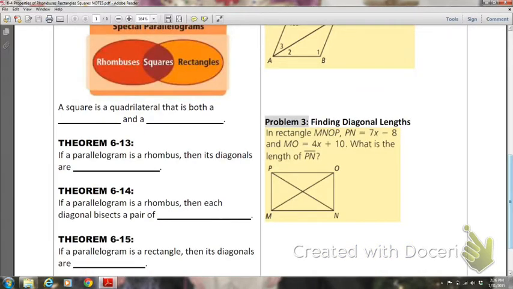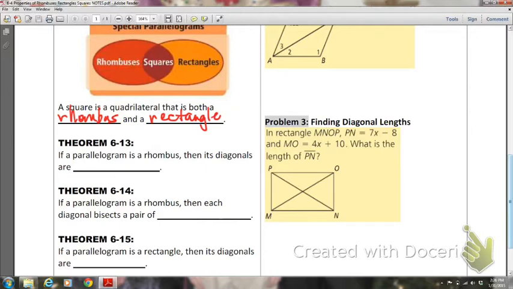So from the diagram of special parallelograms there, we can see with the Venn diagram that if you looked at the properties of rhombuses and rectangles and combined them, overlapped that, then you're going to have the properties of a square. So another way to show that a quadrilateral is a square is to show that it is both a rhombus and a rectangle, because it has the properties of both.